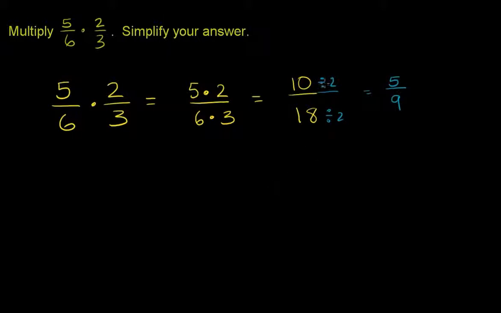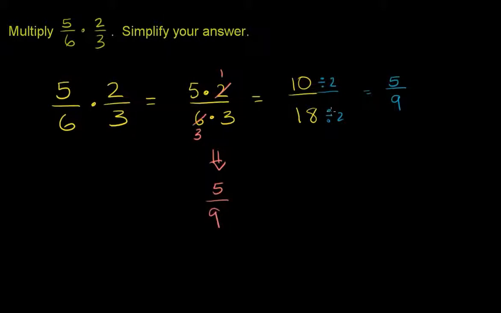Now, you could have essentially done this step earlier on, before we did the multiplication. You could have said, well, I have a 2 in the numerator and I have something divisible by 2 in the denominator. So let me divide the numerator by 2, and this becomes a 1. Let me divide the denominator by 2, and this becomes a 3. And then you have 5 times 1 is 5, and 3 times 3 is 9.